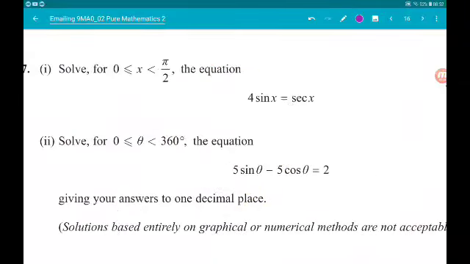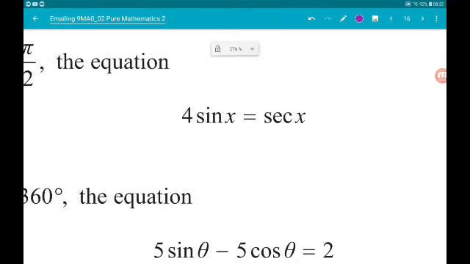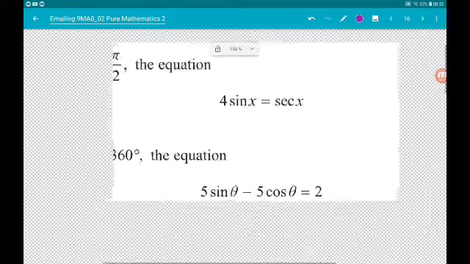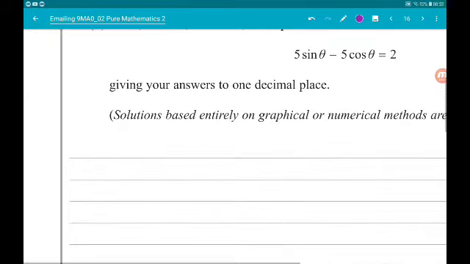In question 7 we have trig equations, so part A for 4 marks wants us to solve for theta between 0 and pi over 2, for sine x is equal to sec x. Okay, so let's do that.